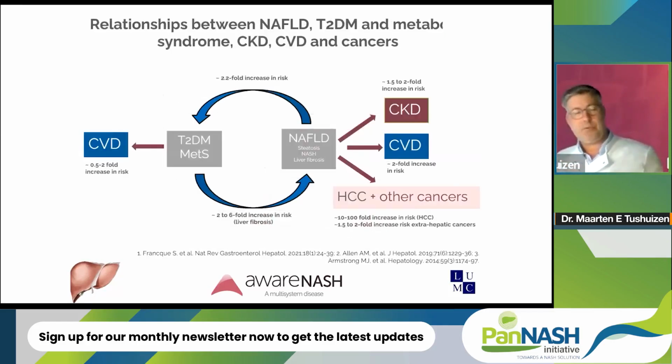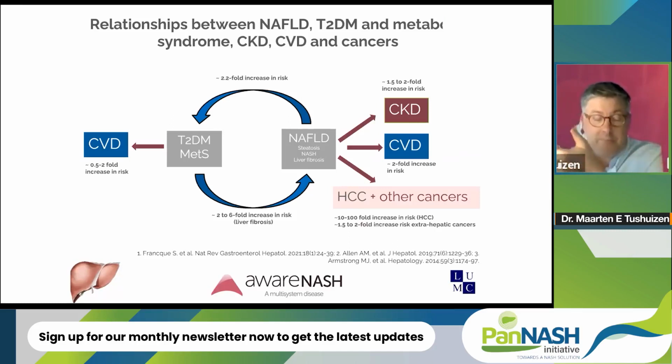So how can you show the relationship between NAFLD, type 2 diabetes, and the metabolic syndrome and all these other features? This figure shows you schematically the relationships. NAFLD is associated with features of the metabolic syndrome, such as central obesity, cardiovascular disease, hyperglycemia, and NAFLD increases the risk of type 2 diabetes and chronic kidney disease and cardiovascular disease.